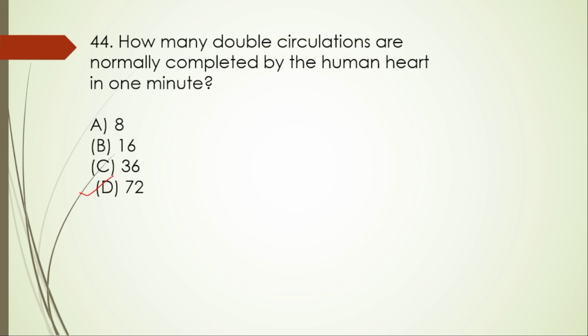So in a healthy adult, the heart typically beats approximately 72 times per minute. Since each heartbeat represents one complete cardiac cycle and therefore one complete double circulation, the heart completes about 72 double circulations per minute.